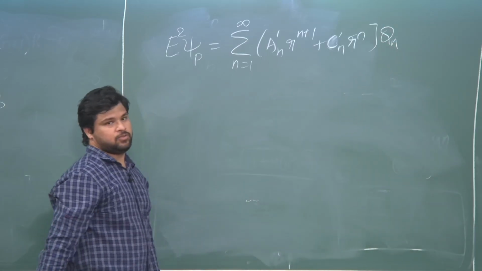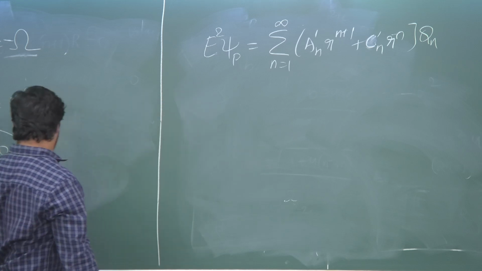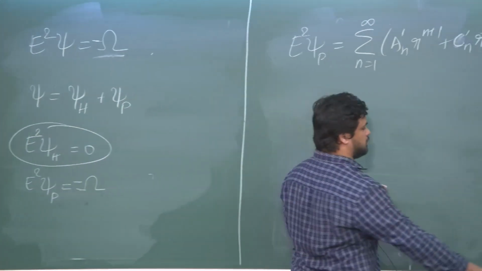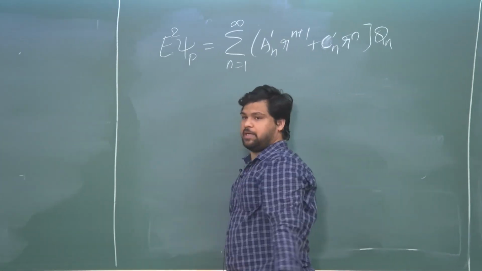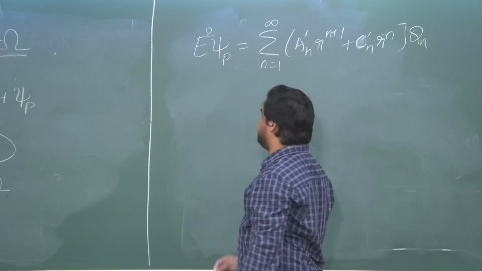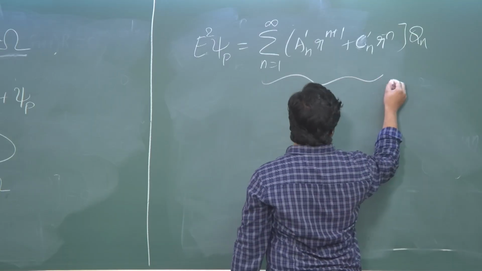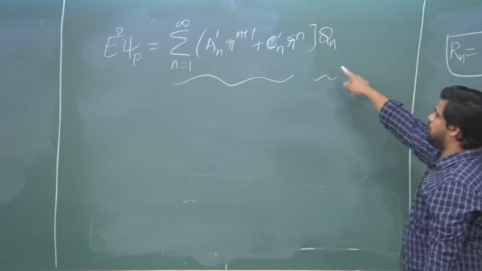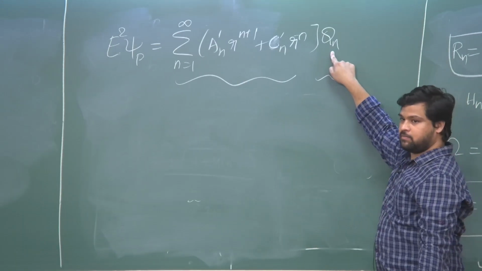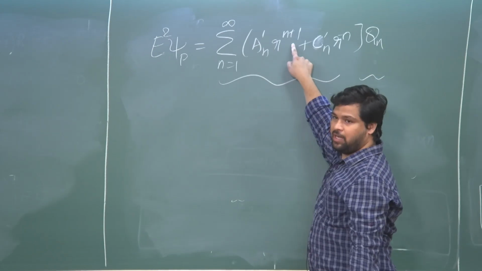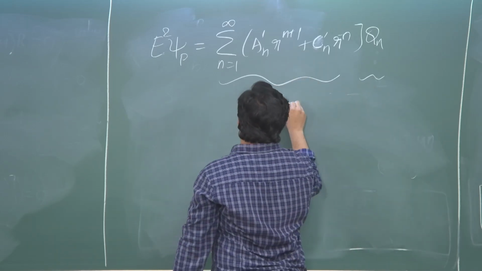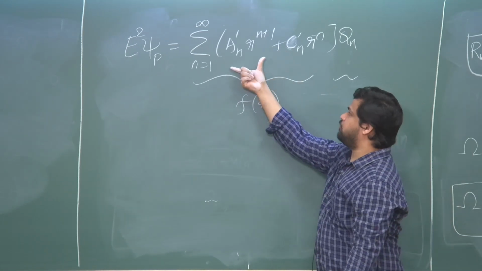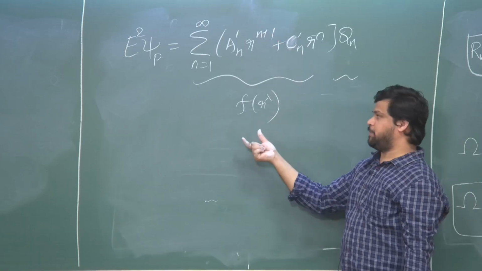So, this is the solution, that e square psi p equal to minus omega. This is the same omega, and this is the particular solution. Now, if you have observed, our homogeneous solution has the same Qn dependency, the particular integral also has Qn dependency, and this is a function of r power lambda, some power, like r power lambda.